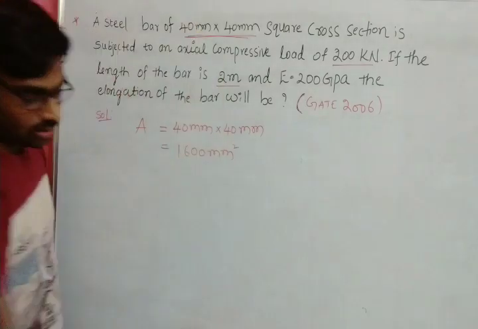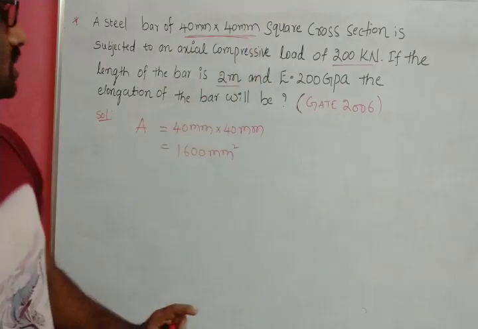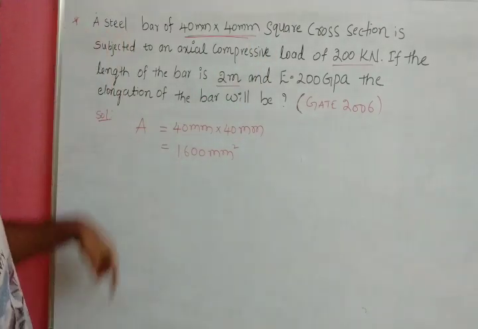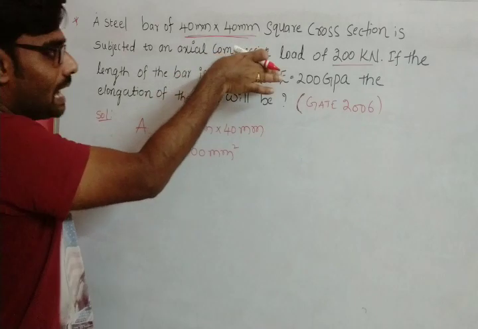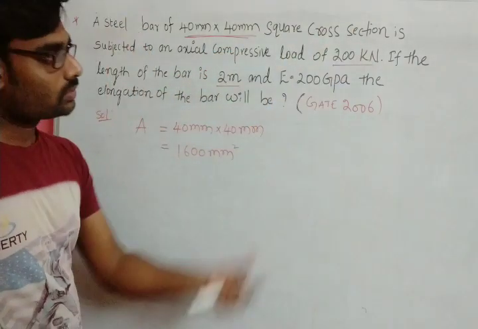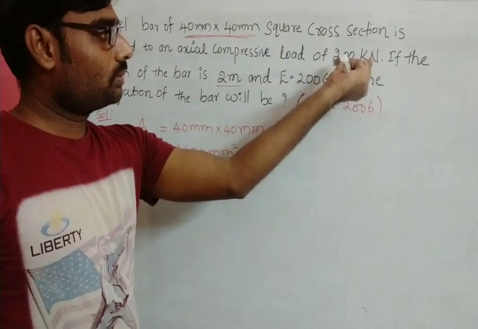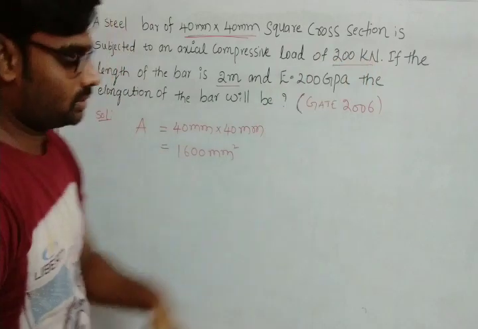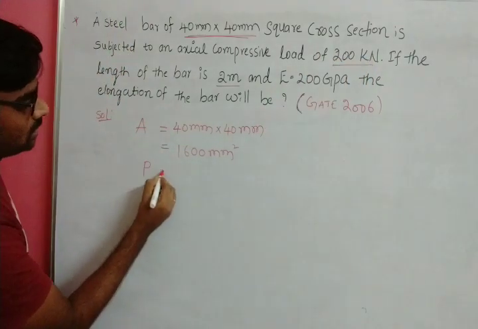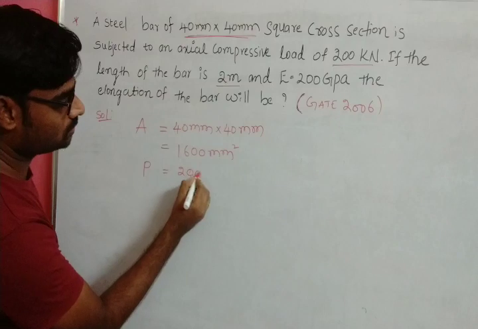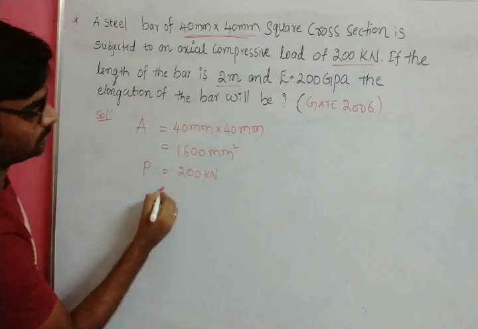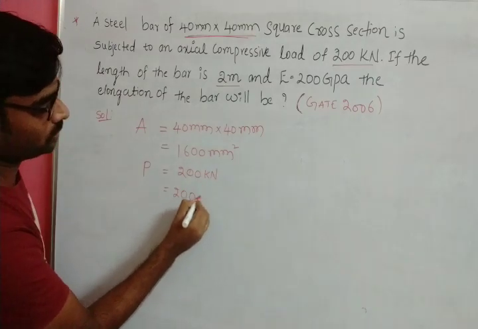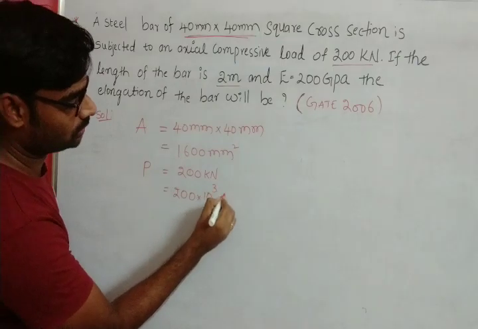This is the area of the square cross section. The next value, subjected to an axial compressive load. Load is also given, the load equal to 200 kilonewtons. The symbol of load is P, so P equal to 200 kilonewtons, then 200 into 10 power of 3 newtons.